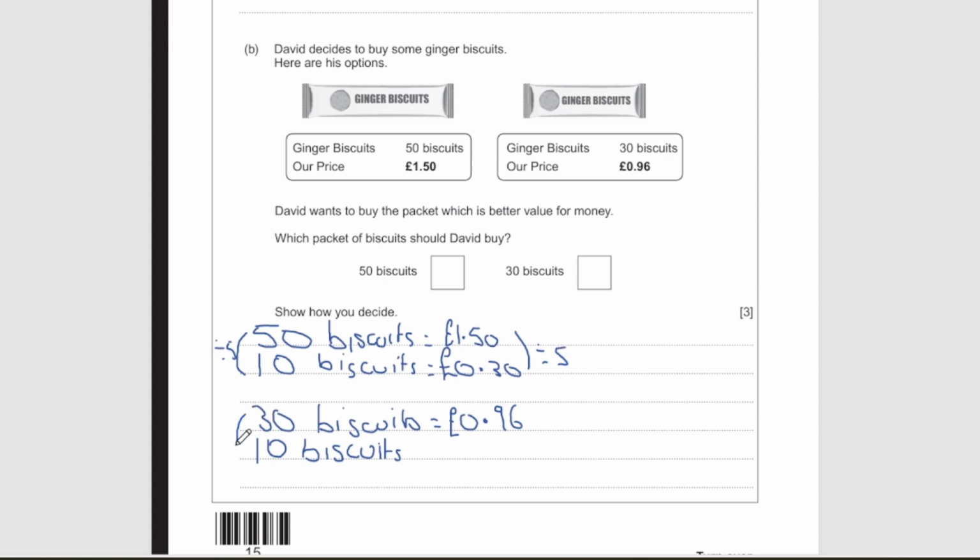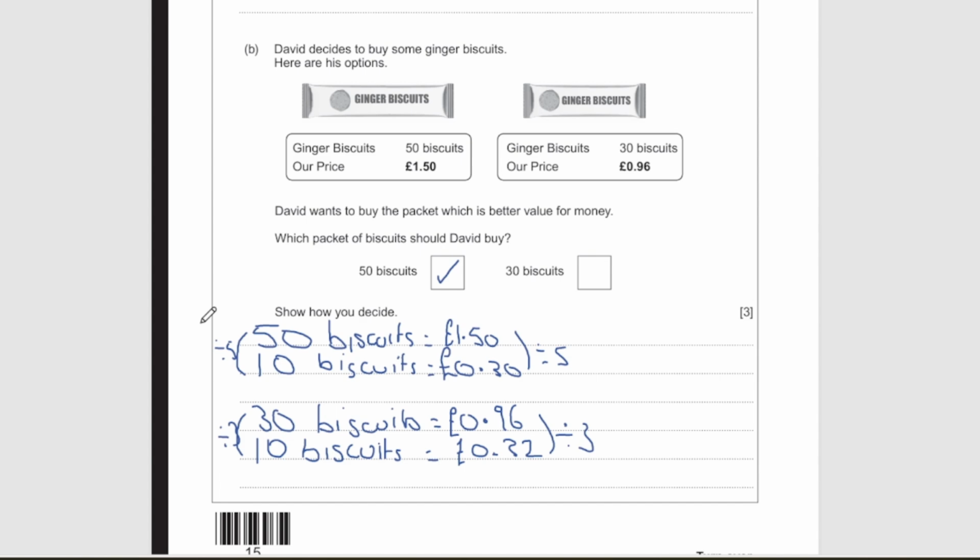On here, for 30 biscuits, we divide by 3. You could divide by 30 if you want to. You could divide by 50 if you wanted to, but that's a bit tricky in your head without a calculator, I think. So let's do 96p divided by 3. That is 32p. So therefore, which is cheaper? The 50 biscuits is cheaper.